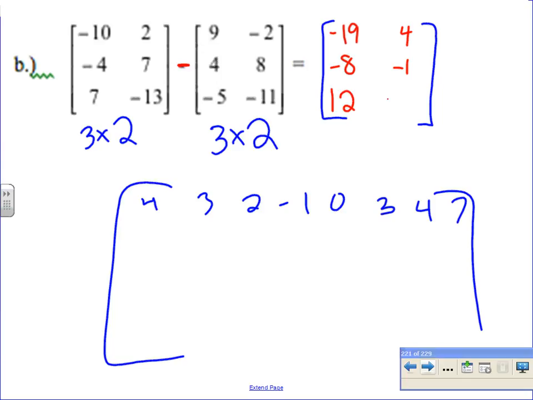Good job. All right, so besides being rusty on subtracting, answers yours. Take each element, subtract them, put them into the matrix. Dimensions have to be the same when you're adding and subtracting a matrix.